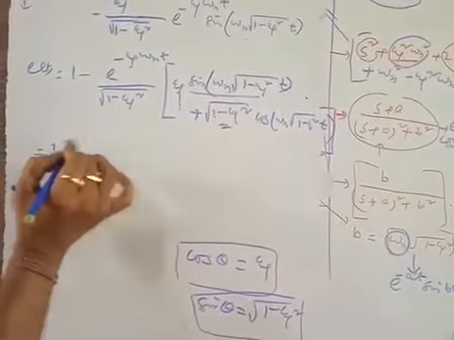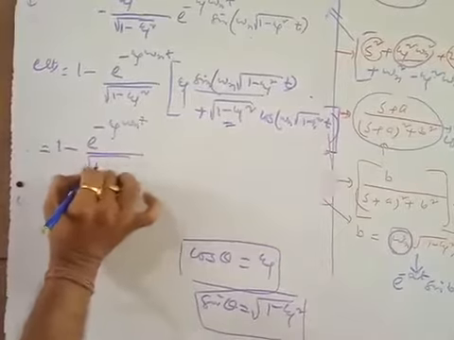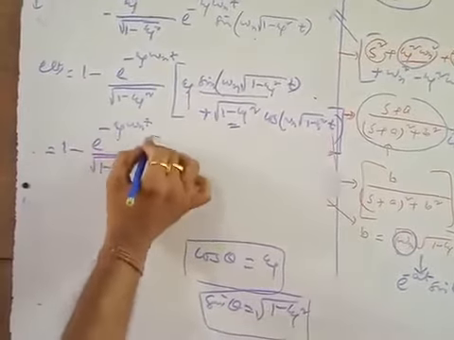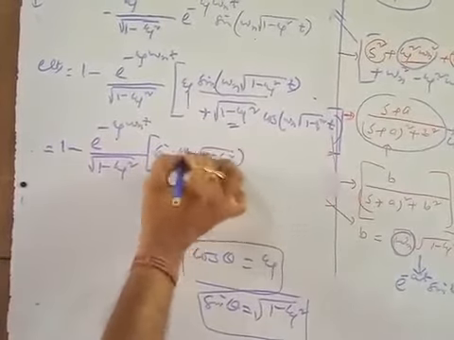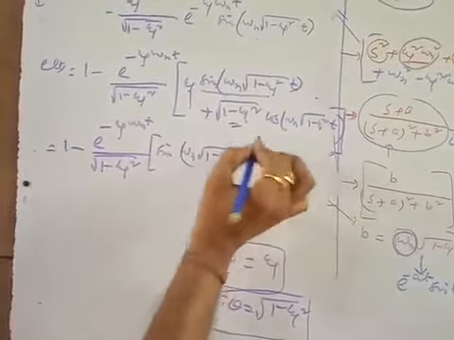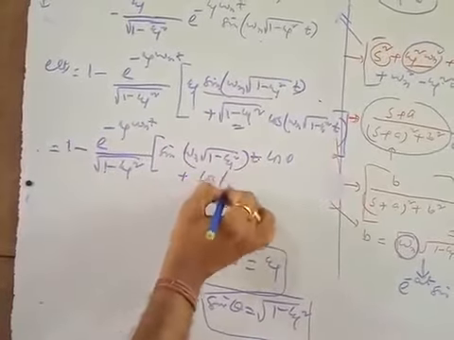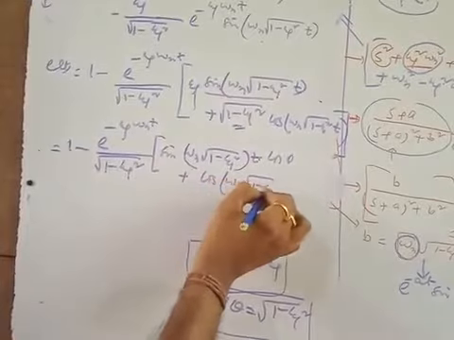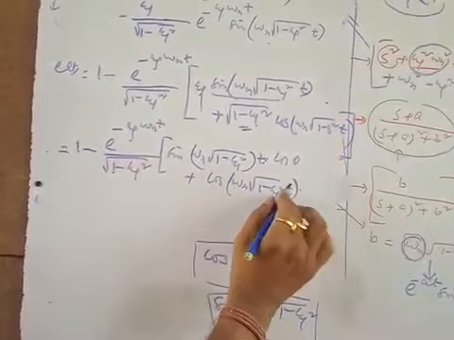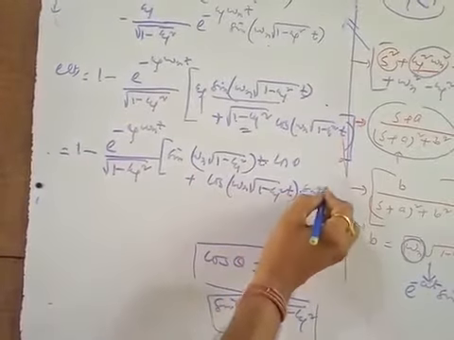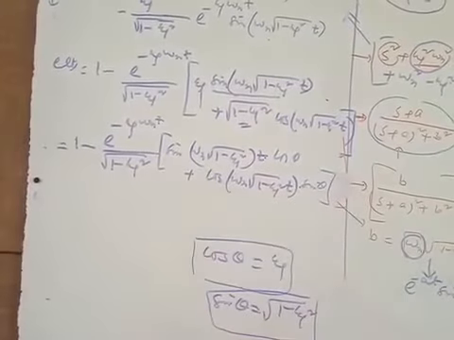We can write it like e to the power minus xi omega n t by root over 1 minus xi square, times sin omega n root over 1 minus xi square into t cos theta plus cos omega n root over 1 minus xi square into t sin theta. So sin A cos B plus cos A sin B. What will this give?